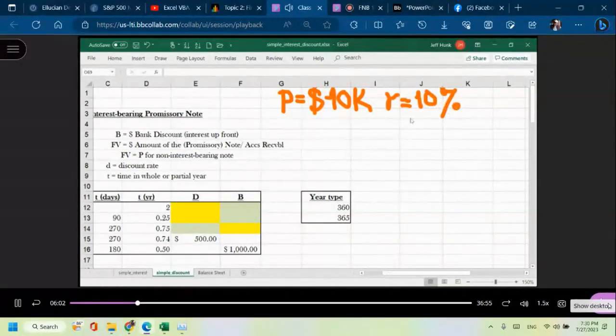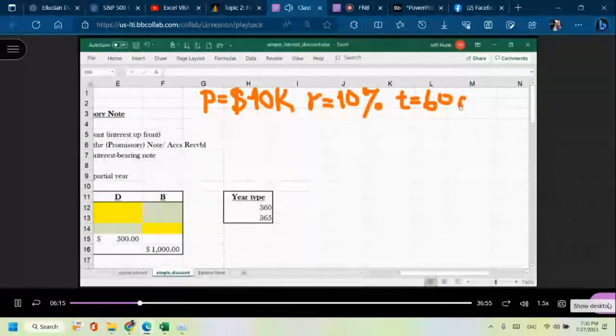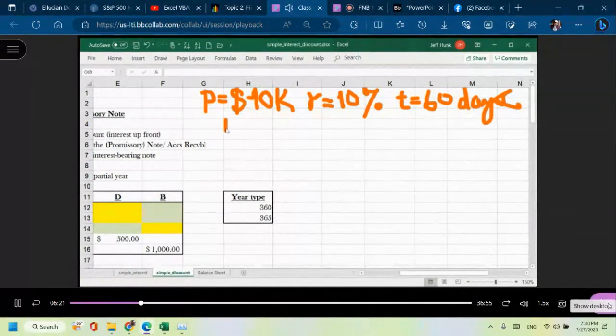So to be exact, we already know the time is 60 days. Then what's the face value of the promissory note, the maturity value? We call that maturity value because at maturity, that's the same thing as future value. What's the maturity value?